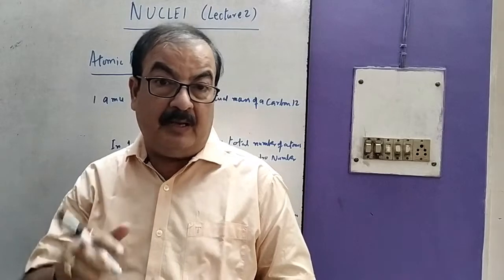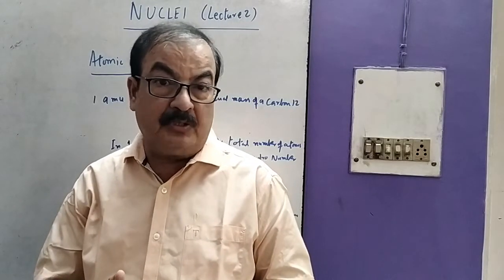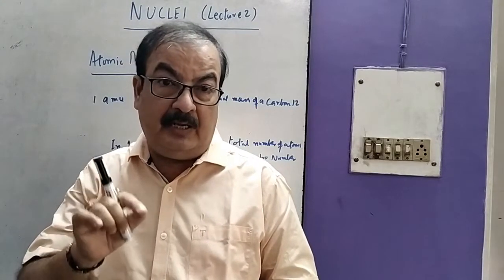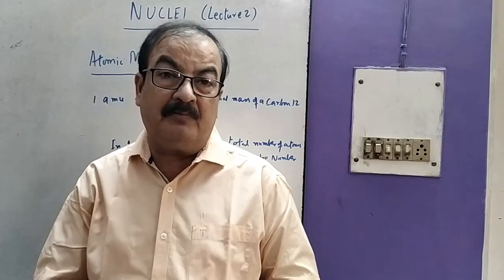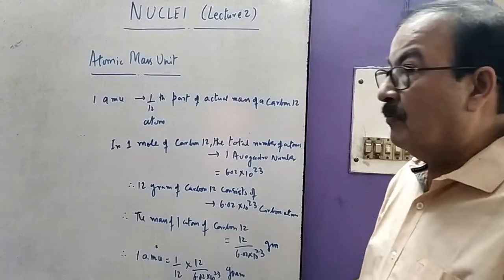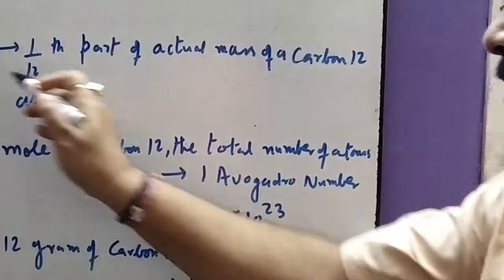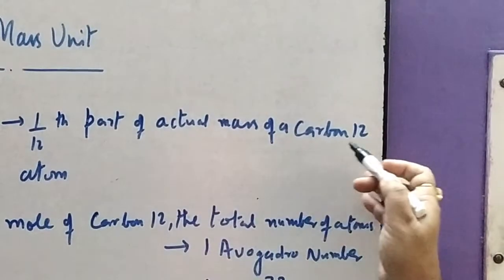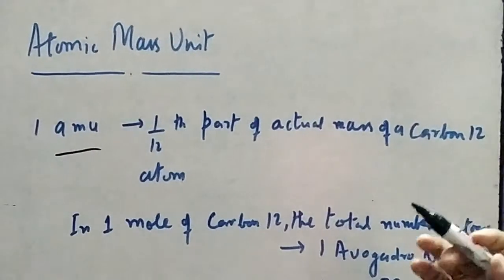It is not capital AMU, that is Aligarh Muslim University, no. It is just small amu, okay. That is why we call it the atomic mass unit. One atomic mass unit is 1/12th part of the actual mass of a carbon atom.